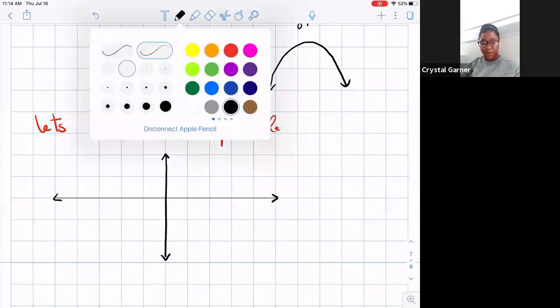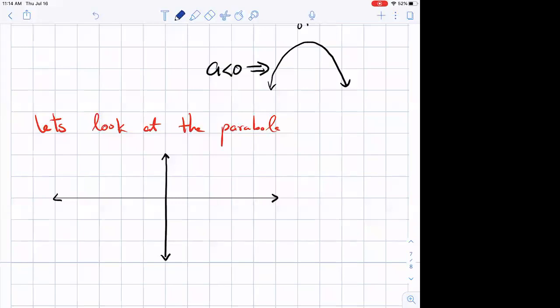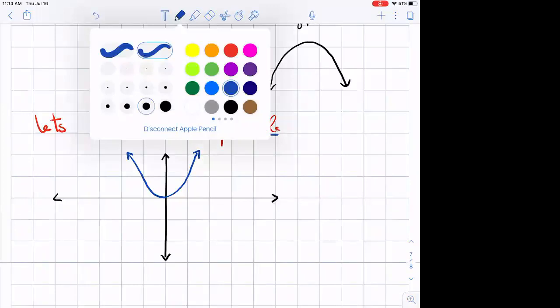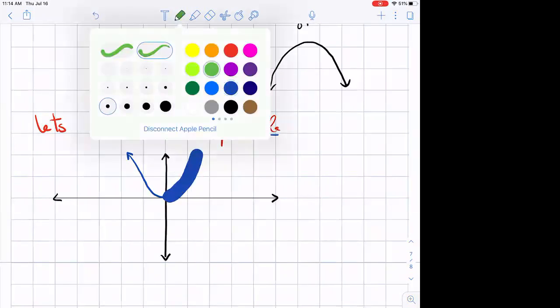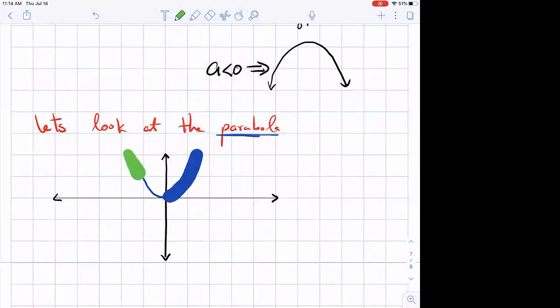Okay, good. So let's say this is a parabola. Now you will notice that this side of the parabola looks the same as this side of the parabola, doesn't it?